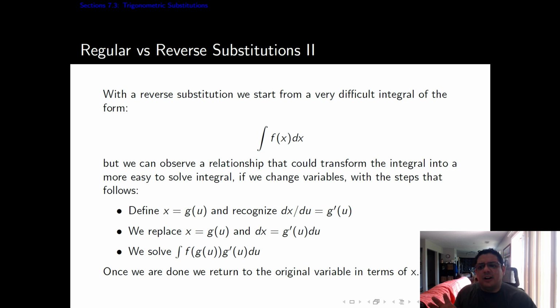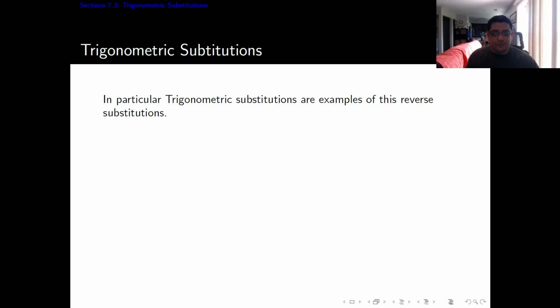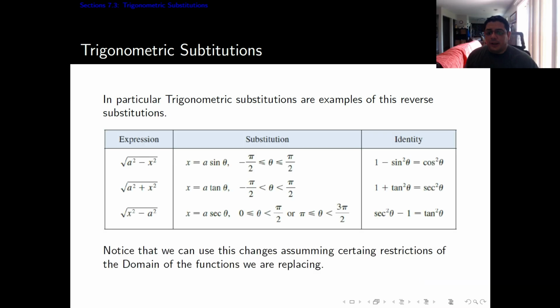Now let's see how reverse substitution really looks, and how we can use it in particular for trigonometric substitutions, which are going to be the main examples of these reverse substitutions. We have a couple of expressions where we can use trigonometric substitution. If we have an expression of the type square root of a squared minus x squared, or just a squared minus x squared, it doesn't necessarily need to have the square root, then we use x equals a sine of theta.